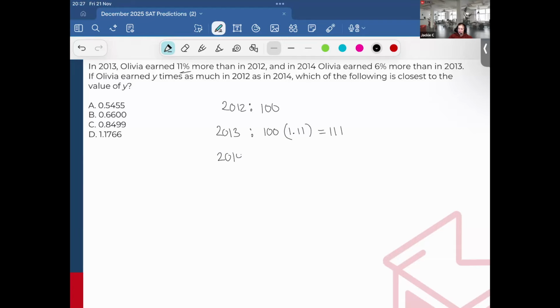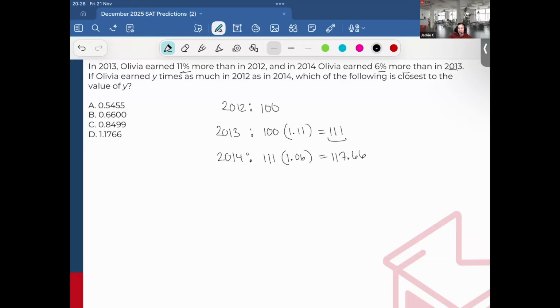And in 2014, Olivia earned 6% more than 2013. 6% more than 2013, she earned 111. 6% more would be 1 plus 6%, aka 1.06. And when we multiply that, that is going to give me 117.66. Okay.